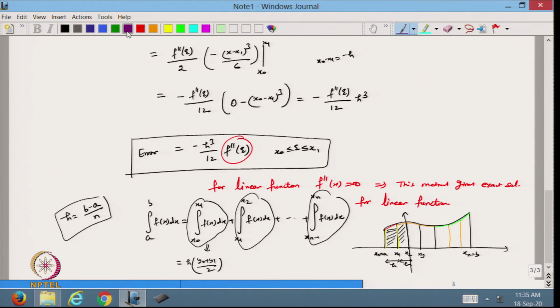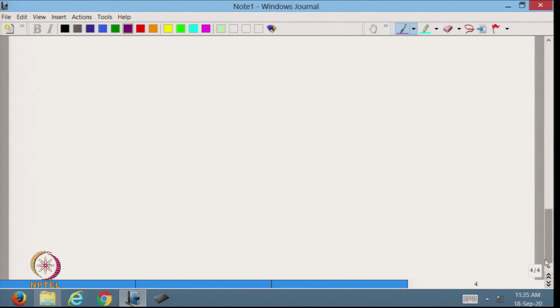The next one I want to find out is this value. So, this will be again plus h times (y1 plus y2) by 2, and so on. The last I will get h times (y(n minus 1) plus yn) by 2. So, this is the composite form we are getting.